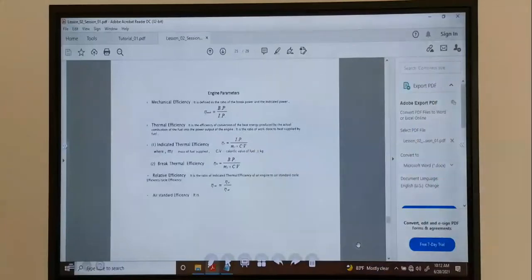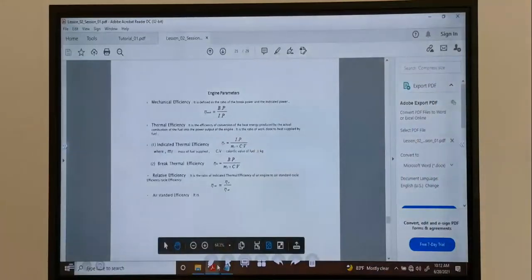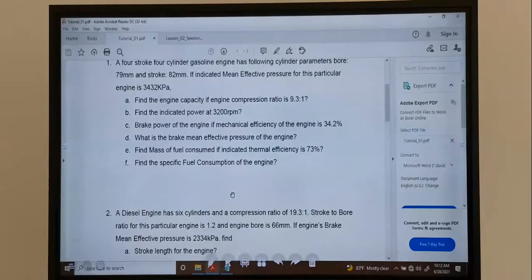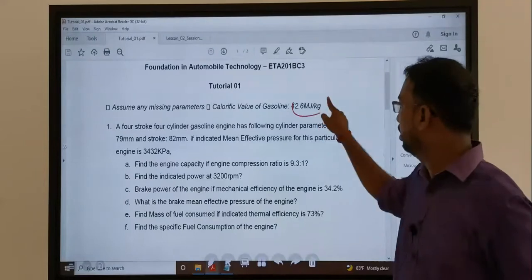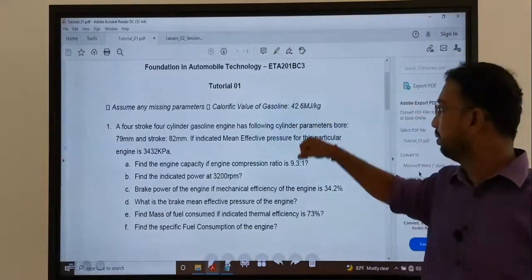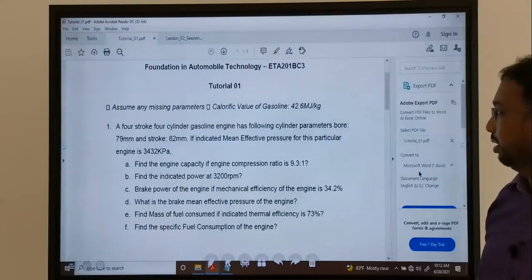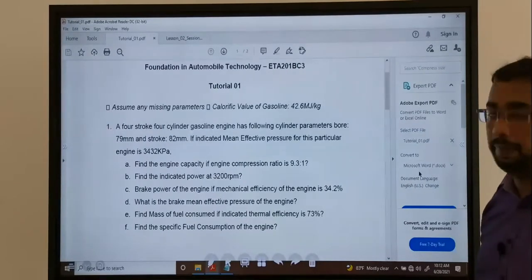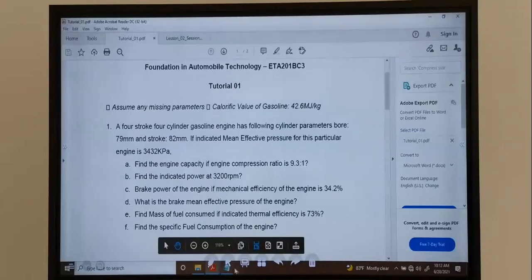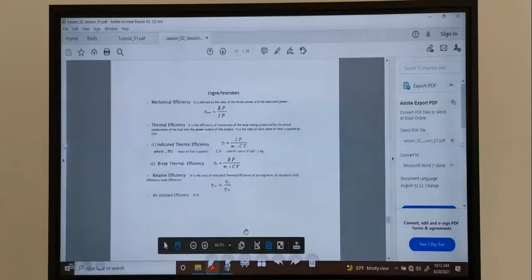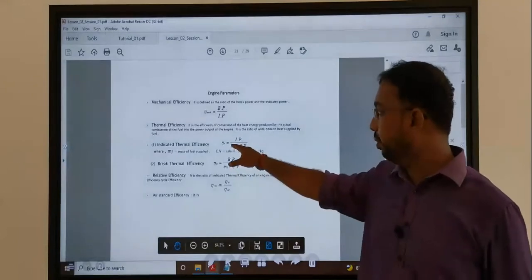The calorific value of fuel is already in the question. The calorific value is 42.6 megajoule per kilogram. This is the calorific value of gasoline. So in the equation we have to find the mass of fuel supplied, MF.